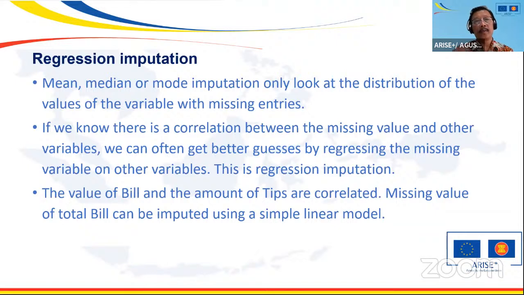Based on the non-missing data, we estimate the regression, and then this is correlated to other variables. Of course, if income is missing, then we have, for example, employment, and then we regress income on employment for the non-missing data, and then using the value of the employment related to the missing data, we predict the missing data.